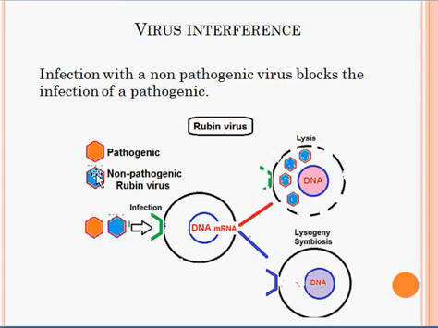Rubin viruses have a similar gene structure to the pathogenic virus, and the Rubin virus does not cause any tumor. So if you infect a cell with a Rubin virus, it protects it against a pathogenic virus, and this is the essence of viral interference.